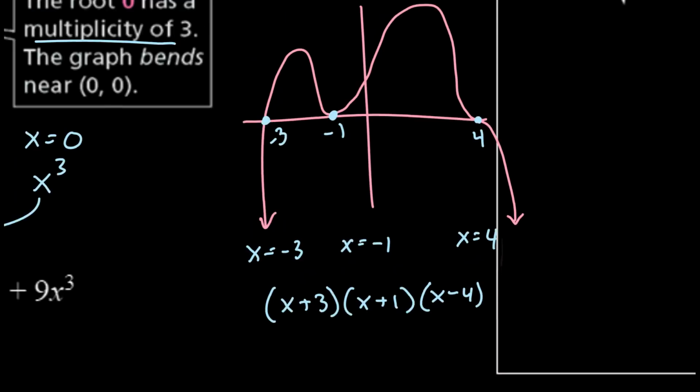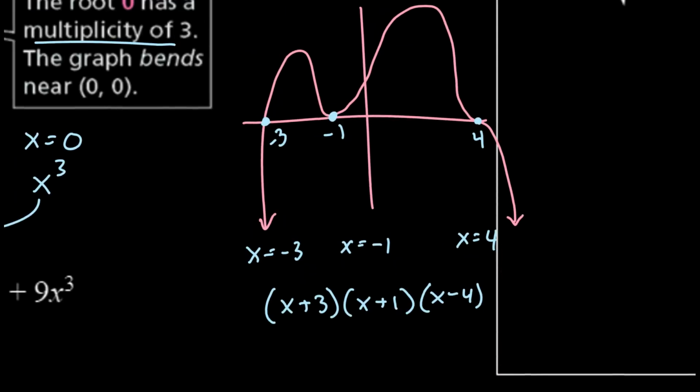Now, what is happening at those roots? This first root, the line is just passing right through. Does it have any multiplicity? No, it's normal. We leave the x plus 3 alone. This second root, it's coming to the x-axis and then bouncing right off, looking like a quadratic.